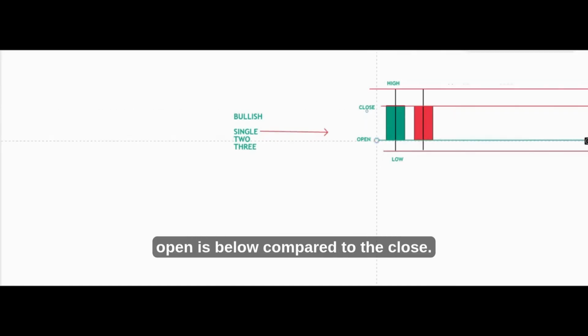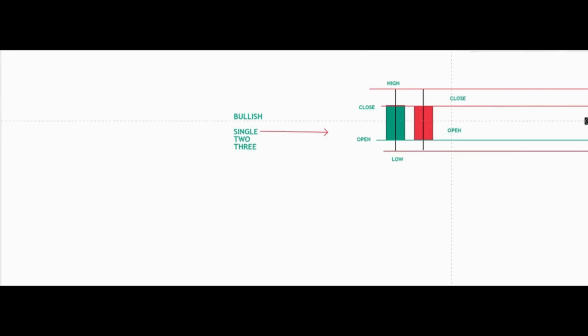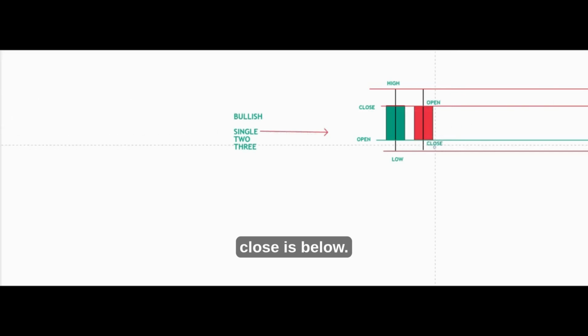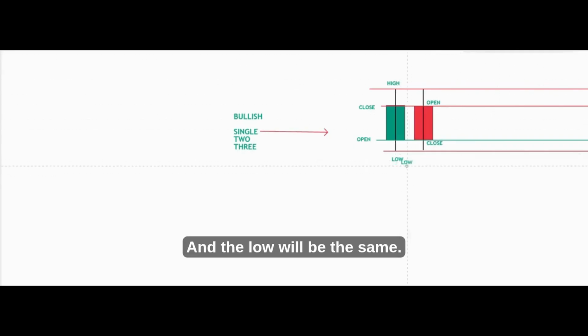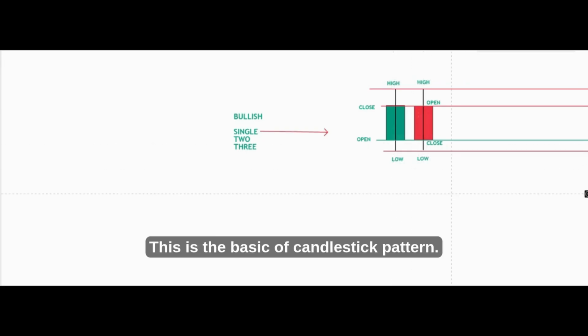For a green candle, open is below compared to the close, and for a red candle, open is above and close is below. The high and the low will be the same. This is the basic of candlestick patterns.